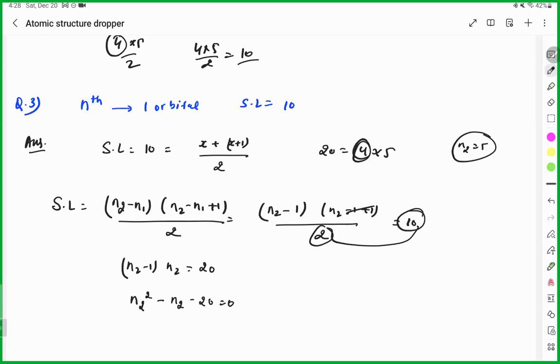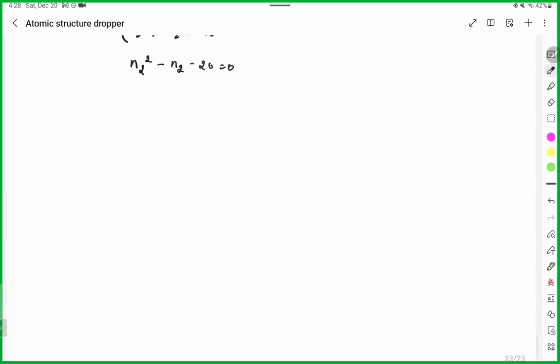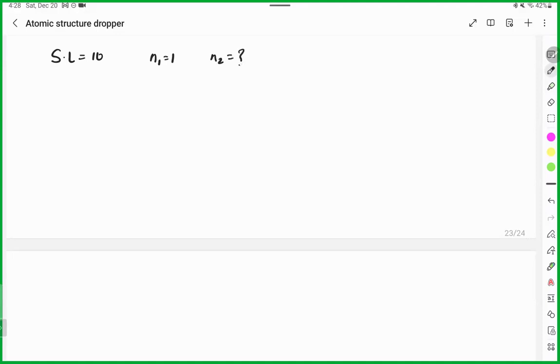Should I explain this again? Like, what was the basic simple trick? See, we said we have spectral line 10. N1 value is 1, N2 we have to calculate.